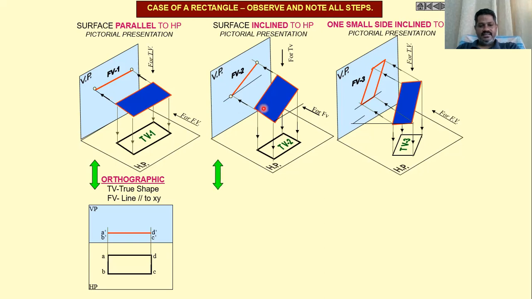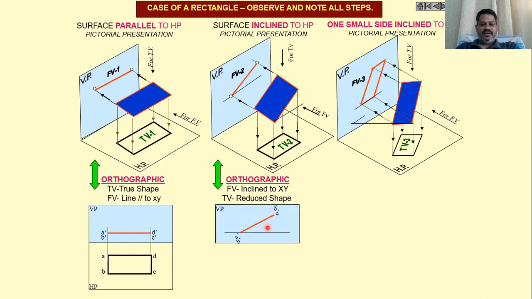In this case, the front view is an inclined line. The top view will be the reduced shape of the actual size. Now draw the inclined line with a given length, then A dash B dash or C dash D dash, whatever we have drawn here.